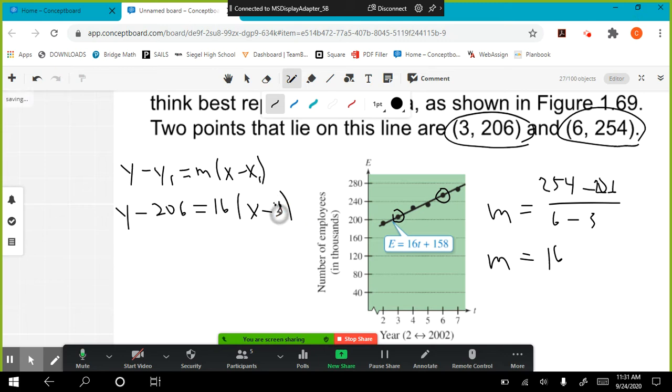And then we just want to solve it for y. So I distribute the 16. That's going to be 16x minus 48. And then I add 206.